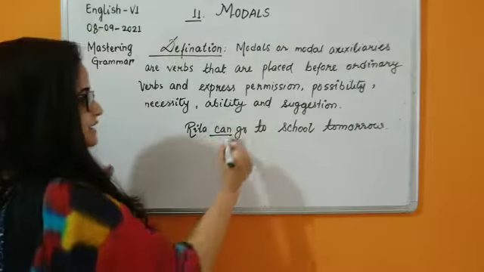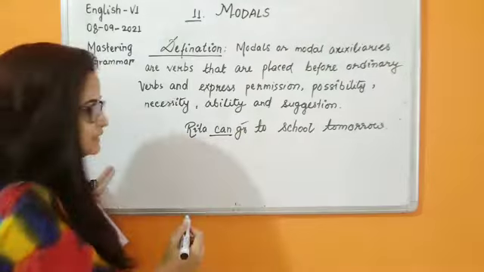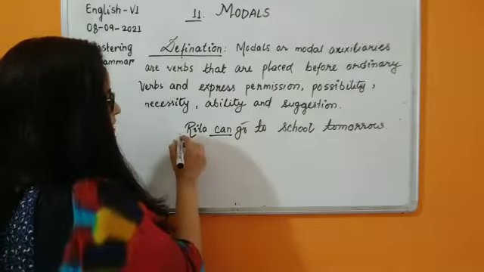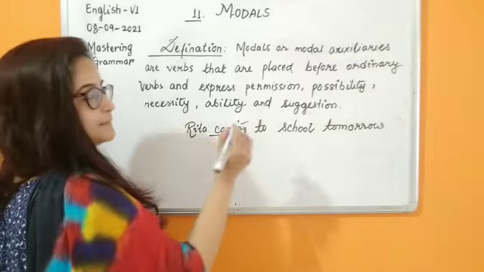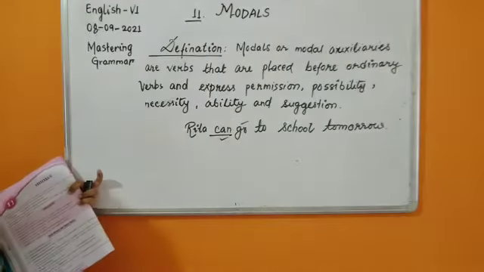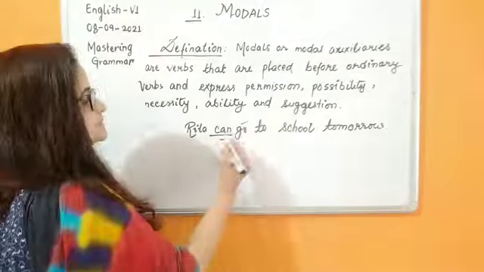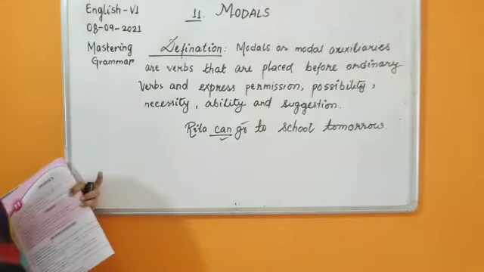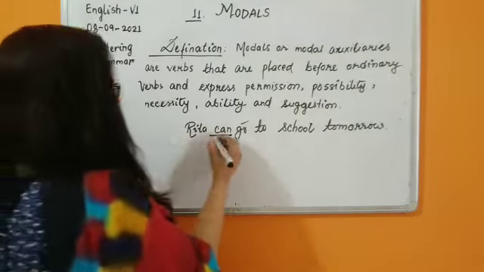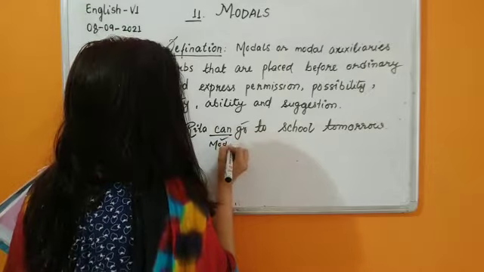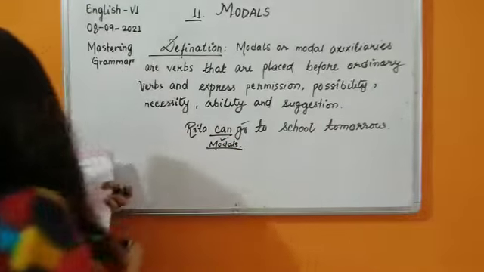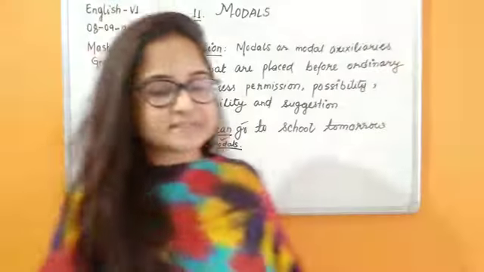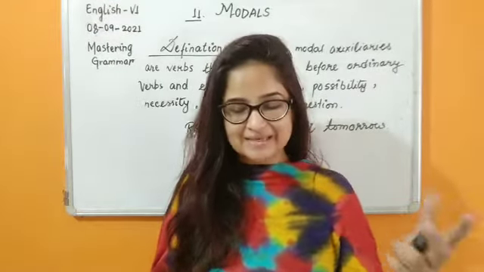This word can is actually used before this main verb go, and Rita is our noun. So can is telling us the possibility that Rita can go. So it's telling us about the possibility of her will to go. So here can is our modal, right? Now here can indicates the possibility of Rita going to school, as I said.